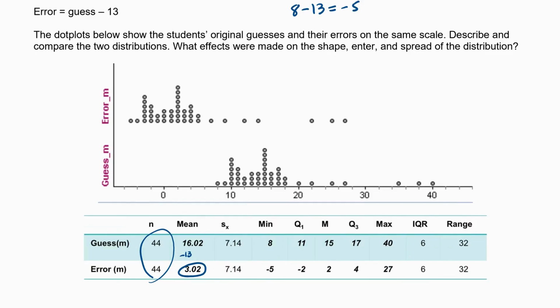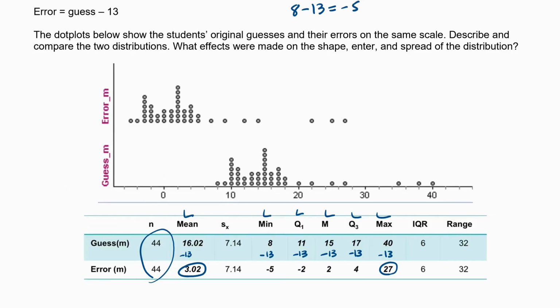The mean was transformed by that same manipulation, subtracting 13. So was the min, Q1, median, Q3, and the max. Each one of these numbers, you subtract 13 and you get the other number. And again, these are all measurements of location or center.